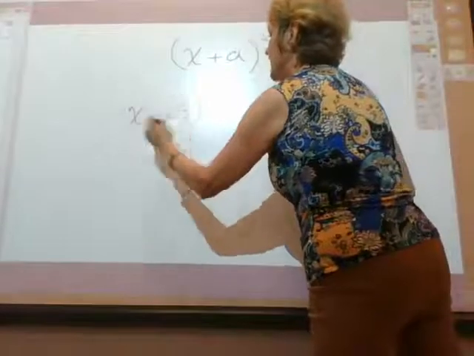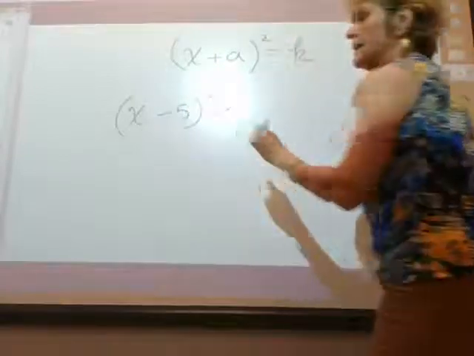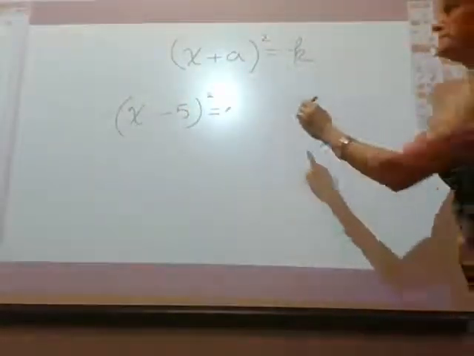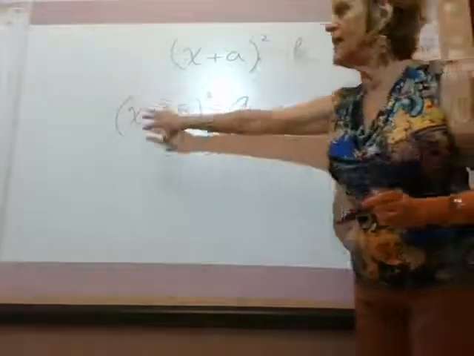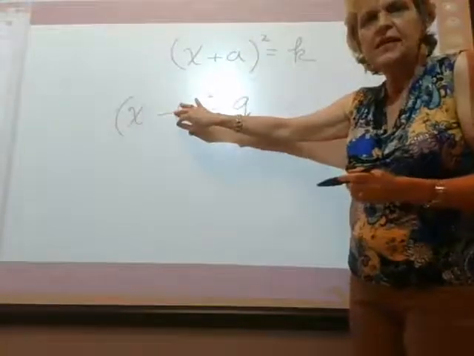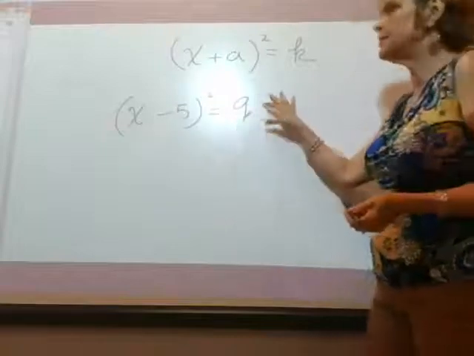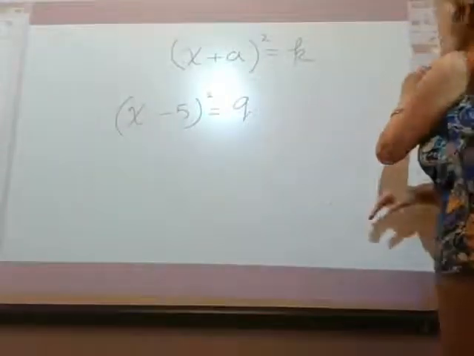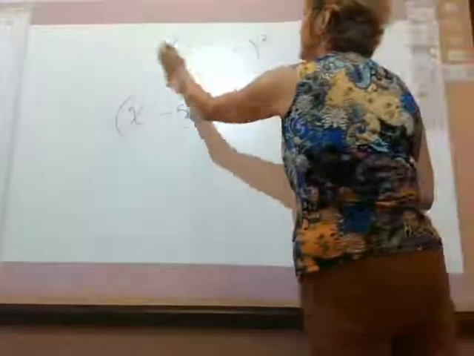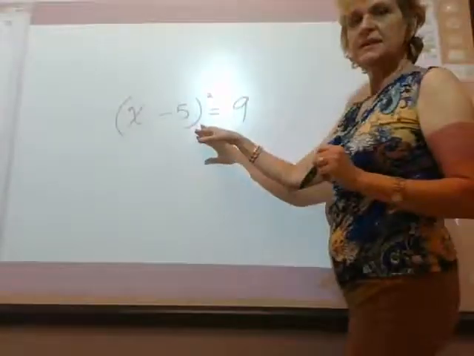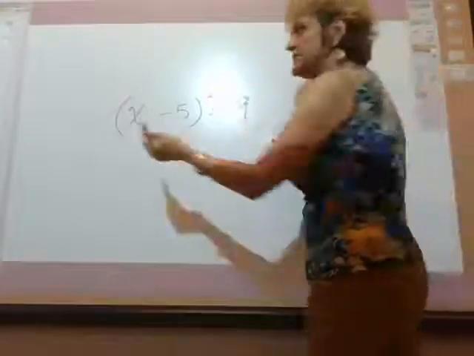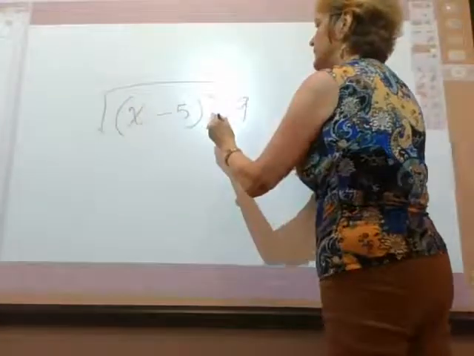So minus 5, and this is equal to 9. Okay, so it's in this form where x plus or minus something in a binomial squared equals a number. All right, so let's solve this type. Well, this is easy. Something squared, I just take the square root, right?